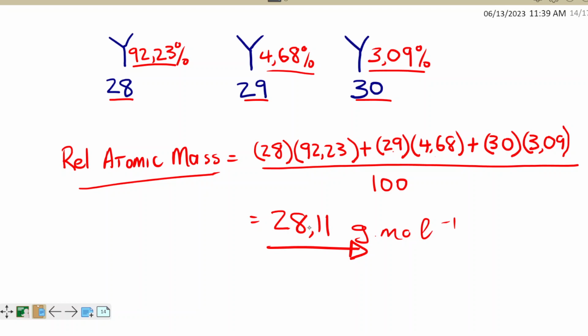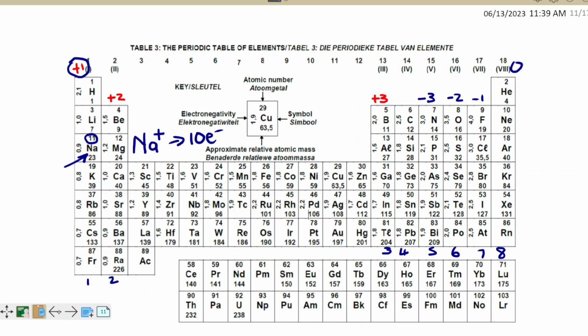So this is the relative atomic mass of this. If you go to your periodic table and check what element Y was, you can see element Y was silicon. Look at the mass number, it is 28.